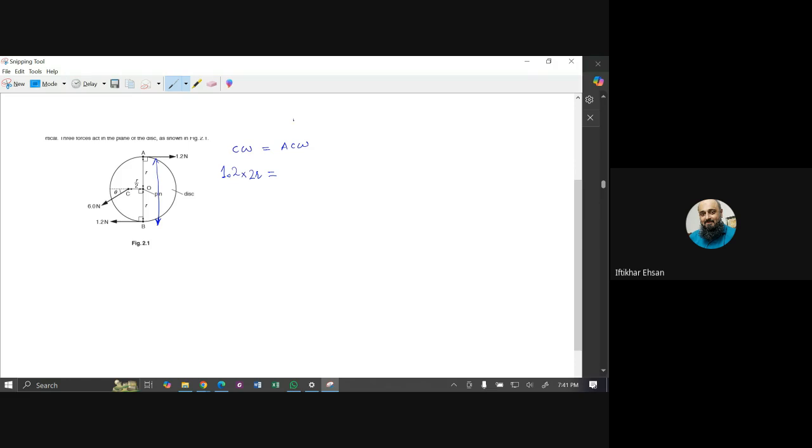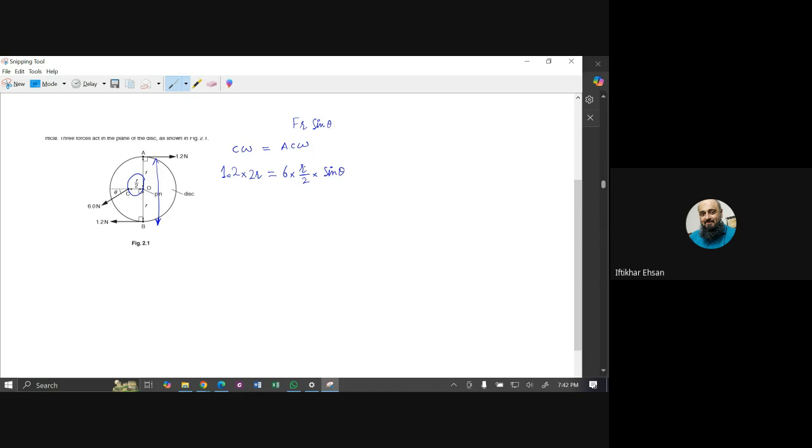Whenever there is an angle involved, we use the formula F r times sine theta, right? Clear? So here F for the anti-clockwise moment is 6, and what is its distance from the pivot? It is R over 2, and the angle is theta. Right, Hassan? Yes, sir.